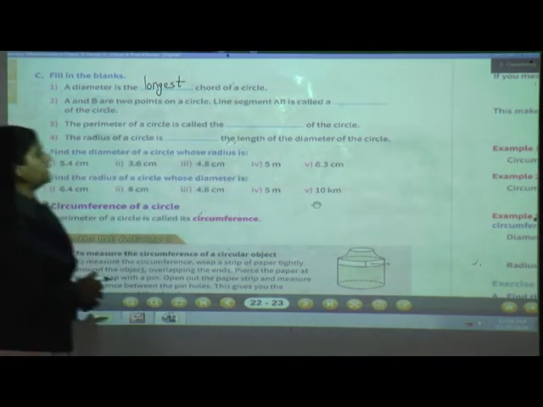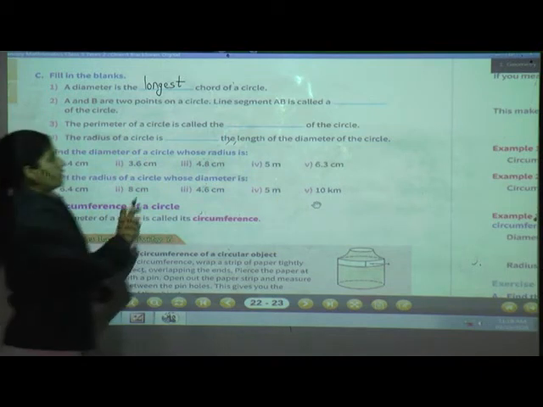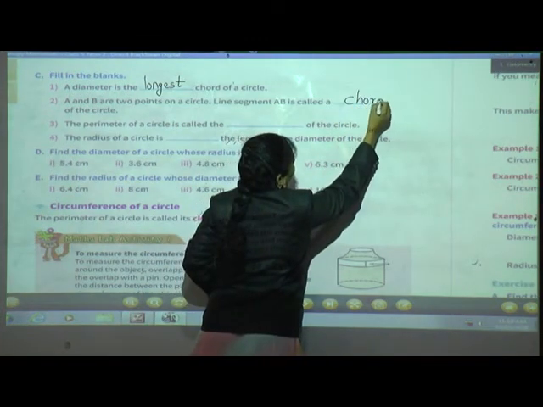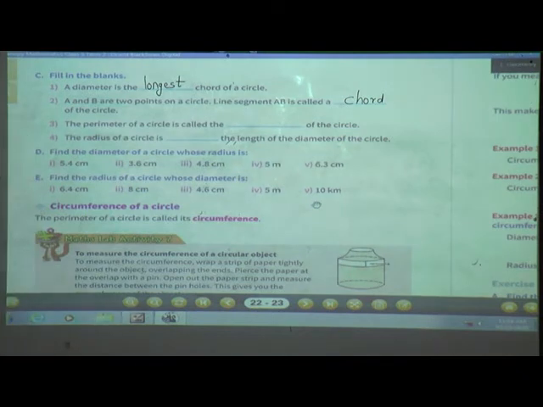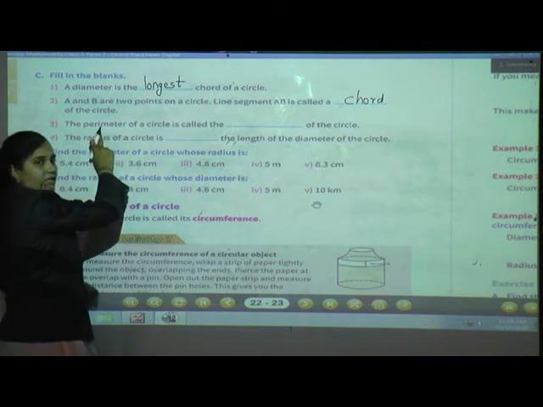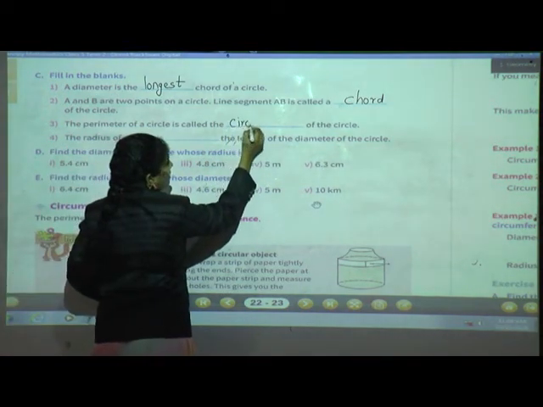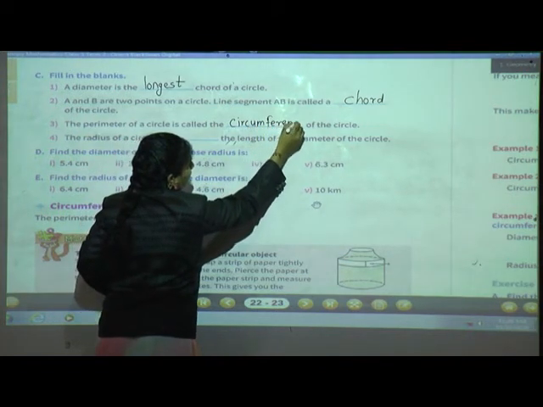Line segment AB is called a dash of the circle. What is the answer students? Yes, it is a chord. Very good. Now the perimeter of a circle is called the circumference. Circumference of the circle.